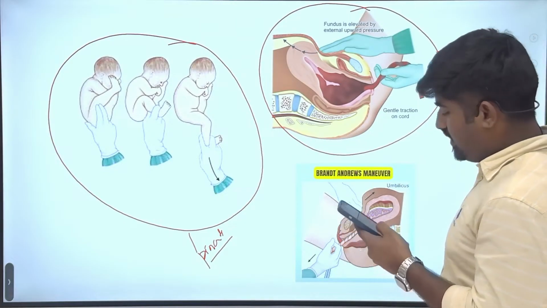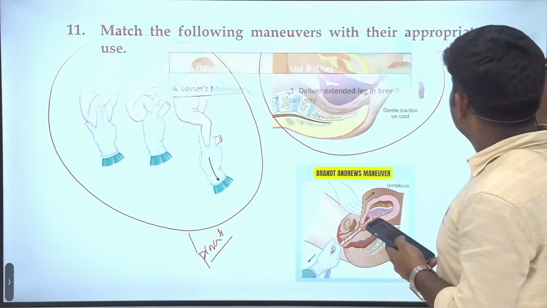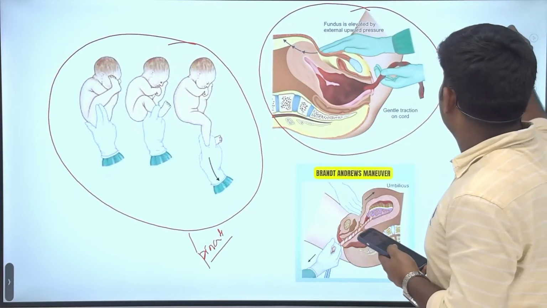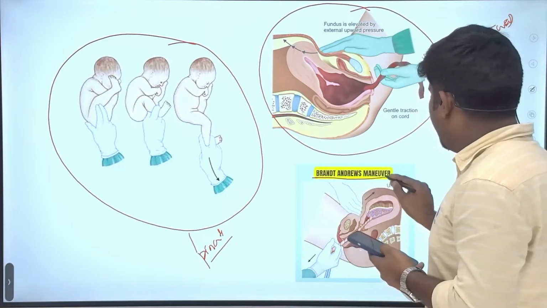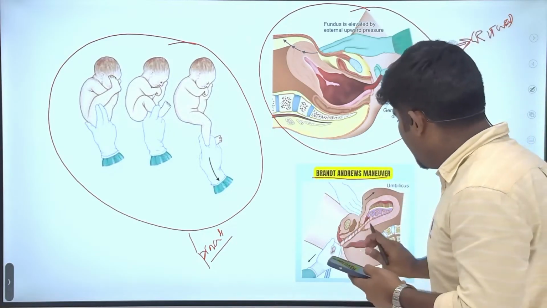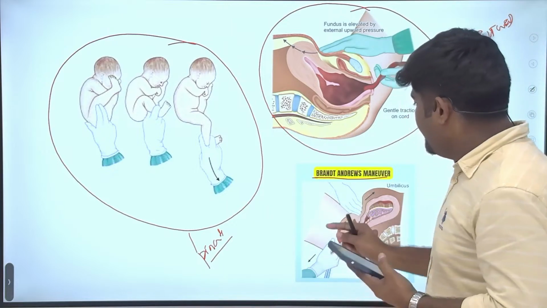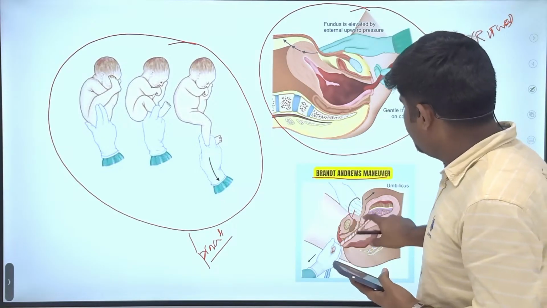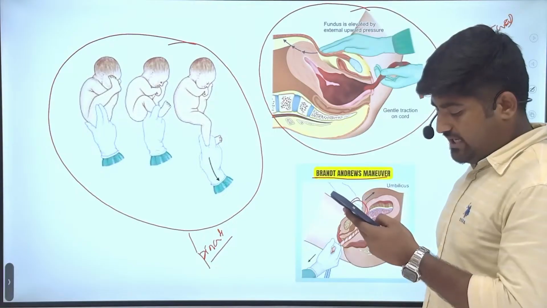This is not Lovset's maneuver. This is controlled traction, this is Ridgen's maneuver. This is Bandl Andrews maneuver, where controlled traction is given on the umbilical cord while holding the fundus. You can see here the uterus is pushed upward.